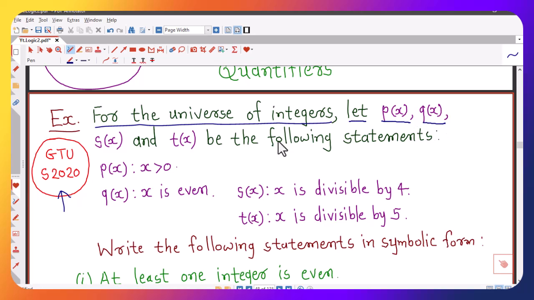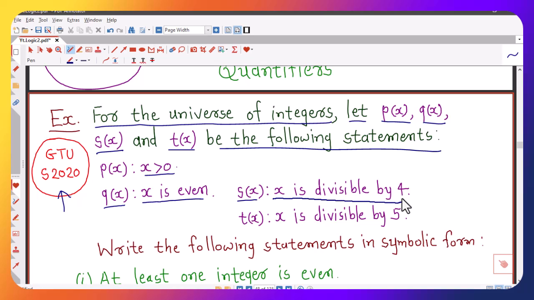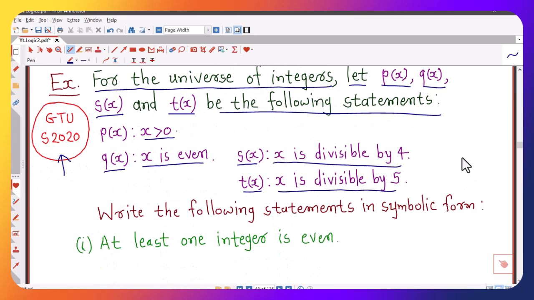Let p(x), q(x), s(x) and t(x) be the following statements. x is greater than 0 is denoted by p(x). q(x) denotes the statement x is even. s(x) is for x is divisible by 4 and t(x) denotes that x is divisible by 5. Using this we have to write the given statements in symbolic form.